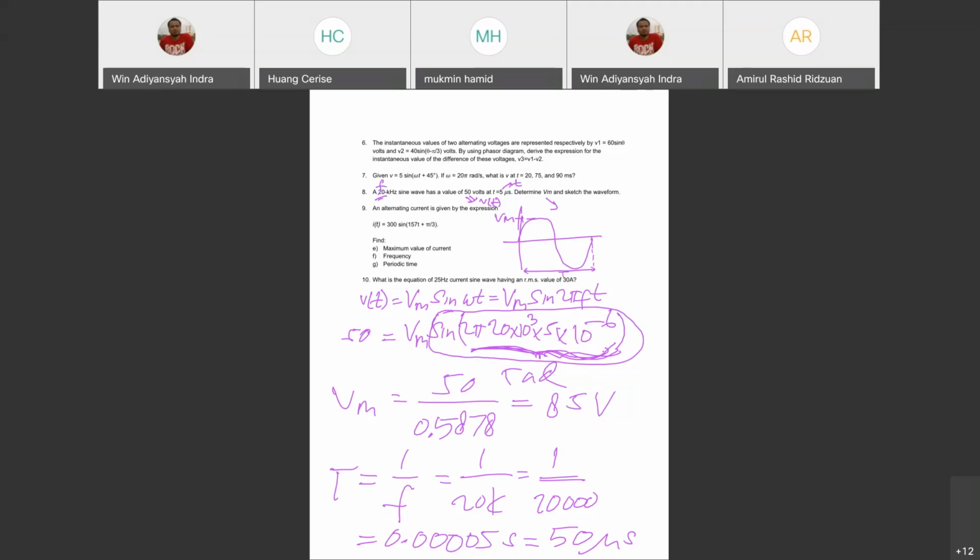So sketch this one. In here, the Vm value is 85. The T value is 50 microsecond. That will be for number 8.